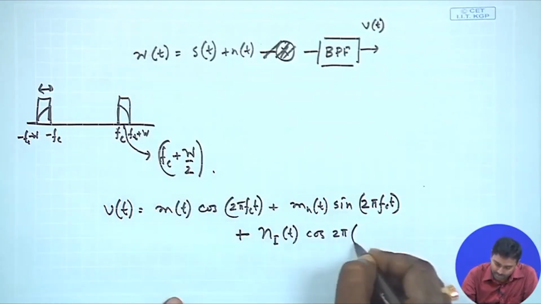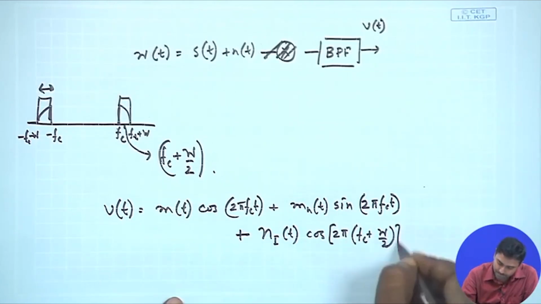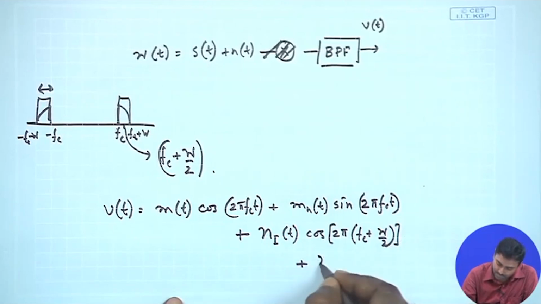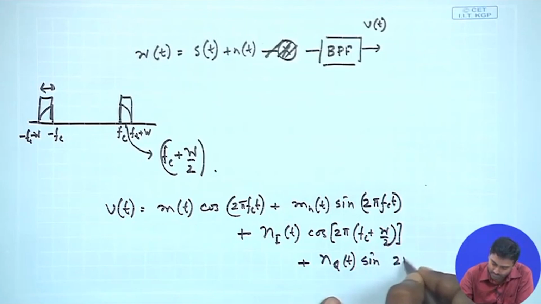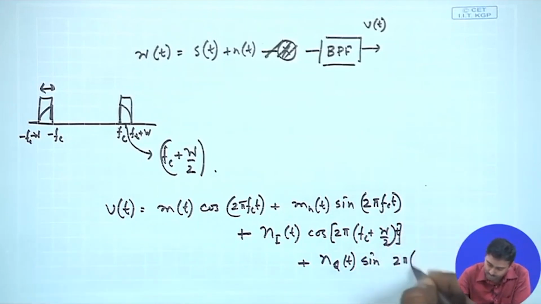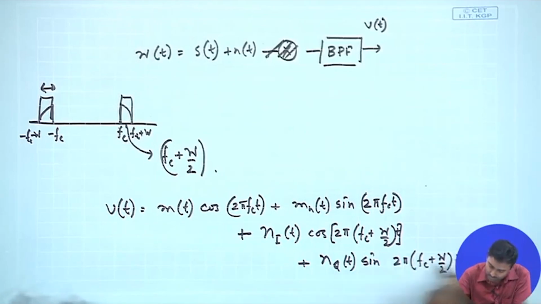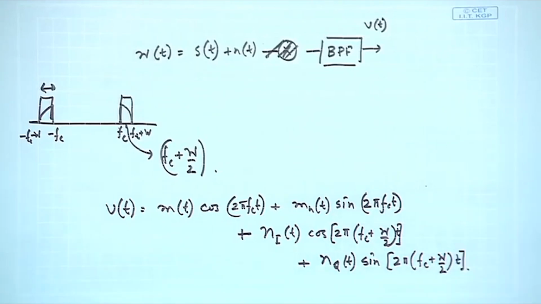So, 2 pi Fc plus W by 2 T, plus Nqt sin 2 pi Fc plus W by 2 T, sorry, the T was missing over here. Right. So, this must be my Vt, slightly modified because of the filter characteristics.